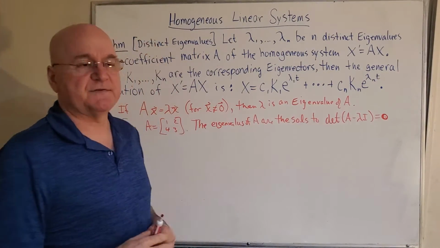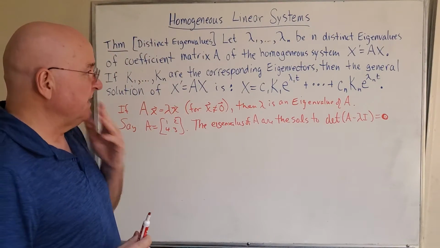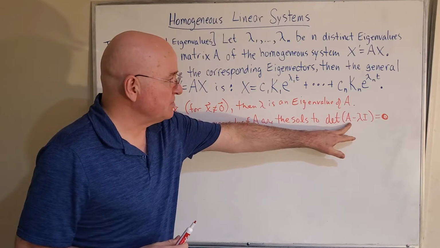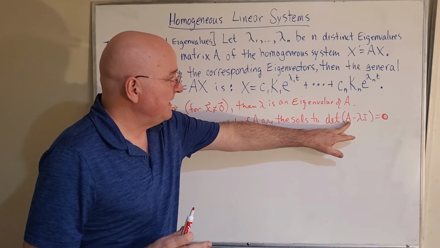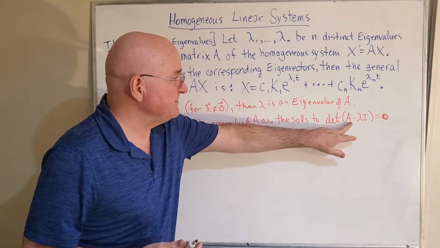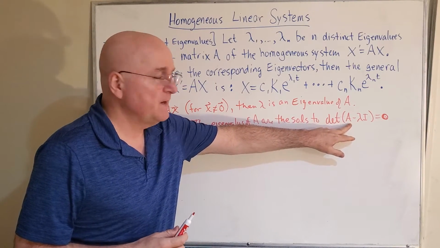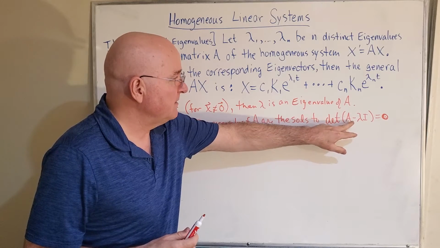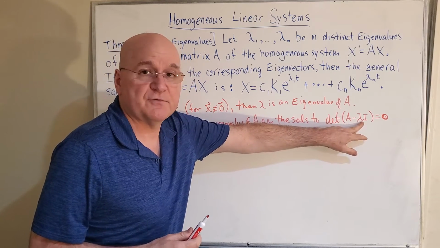DET is the determinant. So inside, we're taking the determinant of what matrix? A minus lambda I. I is the identity matrix of the same size as the matrix A. So if A were 3 by 3, we'd have a 3 by 3 minus another 3 by 3.